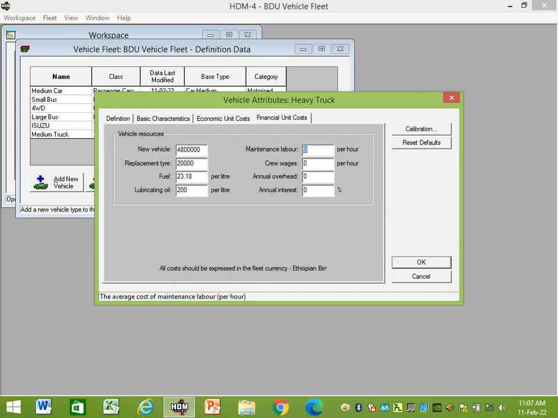Maintenance labor 187.5. Crew wages is 54.69. Overhead cost 96,000. Interest 12%. Okay.